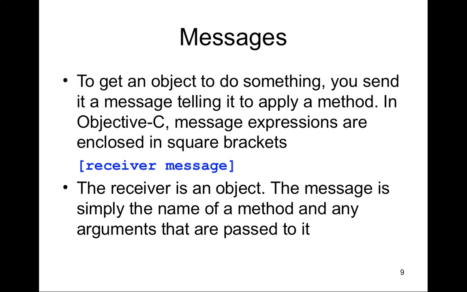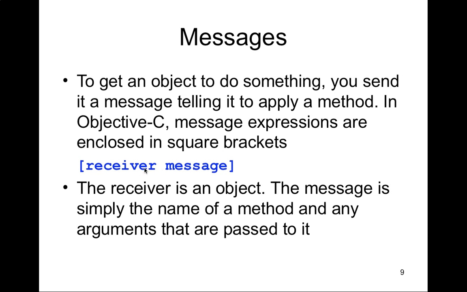Okay, so here's your formal message declaration. This is used instead of the dot notation as I was showing you. To get an object to do something, you send it a message. It's actually called messages, and this comes from Smalltalk. Java calls them methods. We pass method calls and we run methods on objects. So it's the same thing as a method, telling it to apply a method.